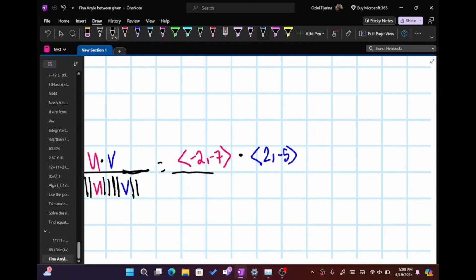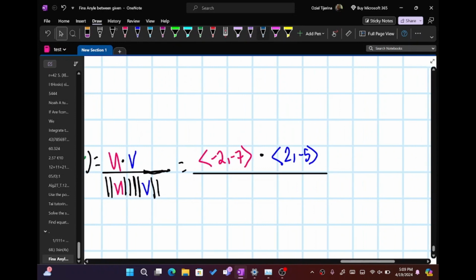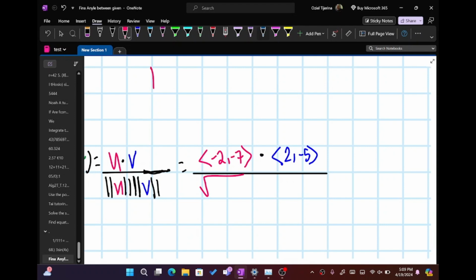And then over, okay, and then over, and again, remember that the magnitude of u is the square root of a squared plus b squared if vector u is equal to a comma b.